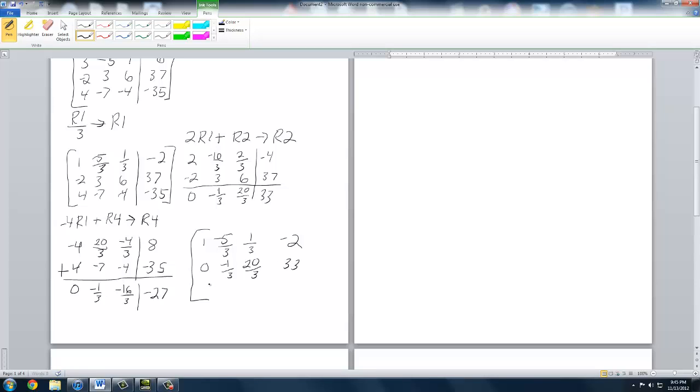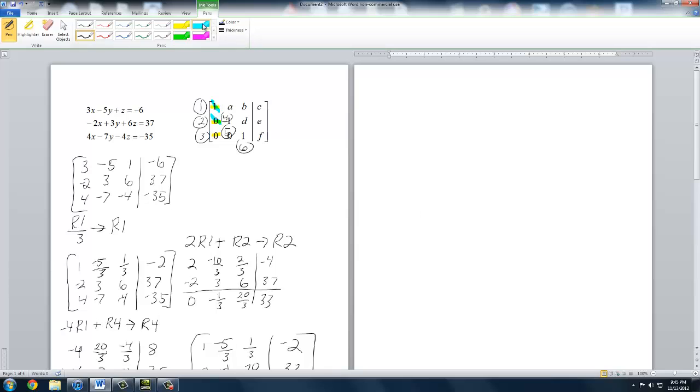Our third row is this one here: 0, negative 1 third, negative 16 thirds, and negative 27. Draw my line. And there's our first column done. So this is done. The next thing we're going to do is make this one a 1.